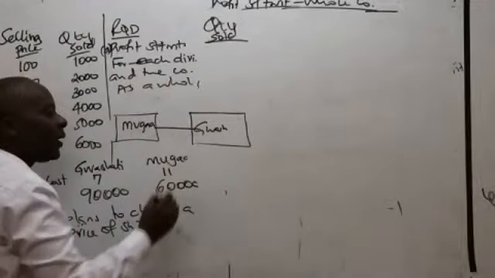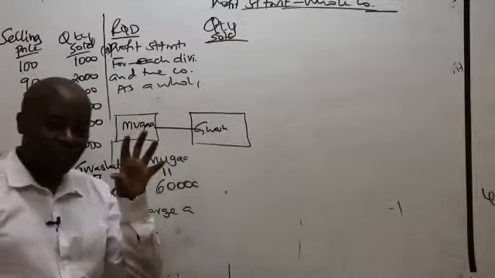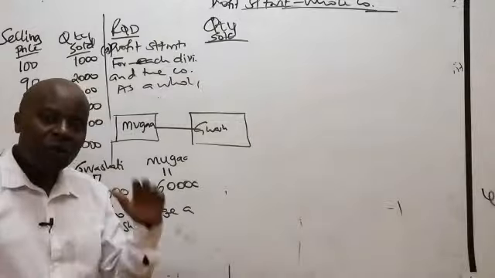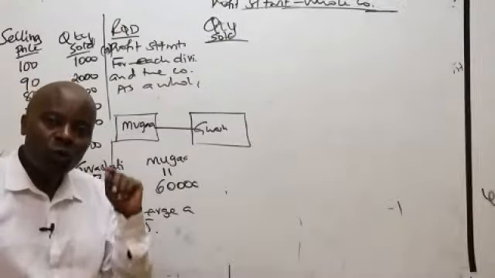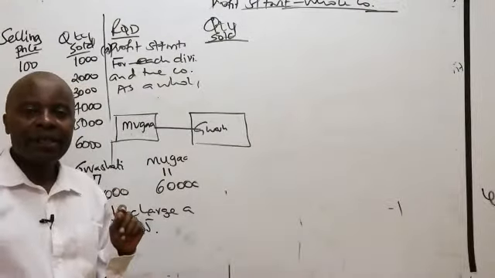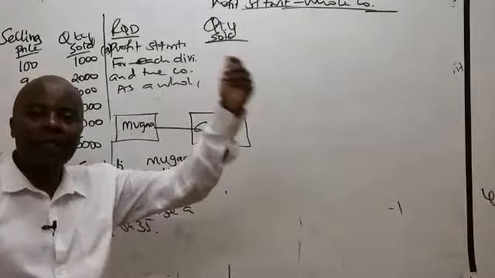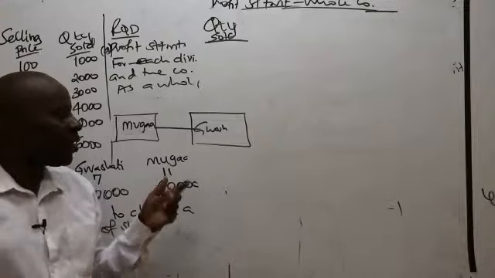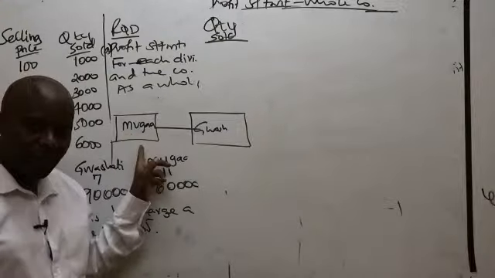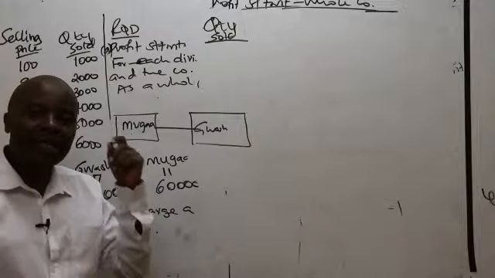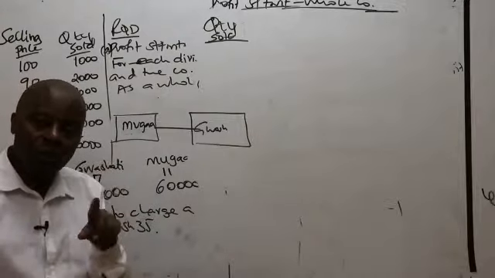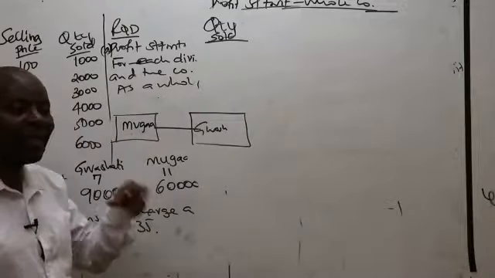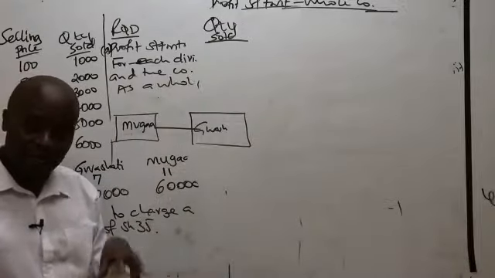So what will happen is that for Gwashati, whatever revenue they sell, that revenue is genuine to the company, because it is revenue coming from external customers. How about the revenue that Muga is generating? It is not useful from the perspective of the whole company, because Muga is generating this revenue internally.